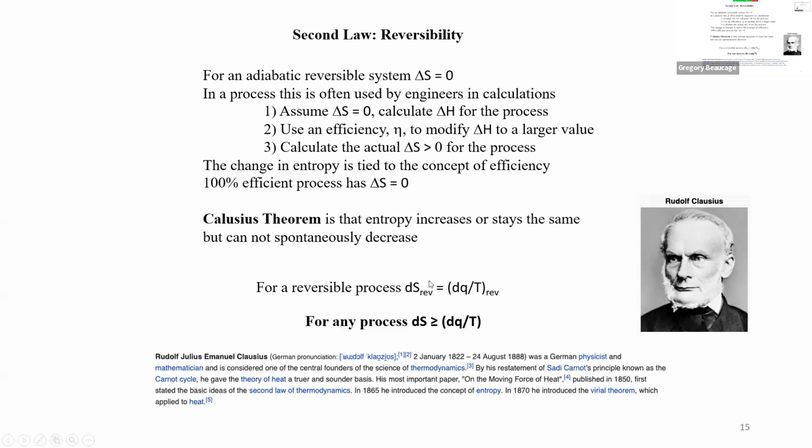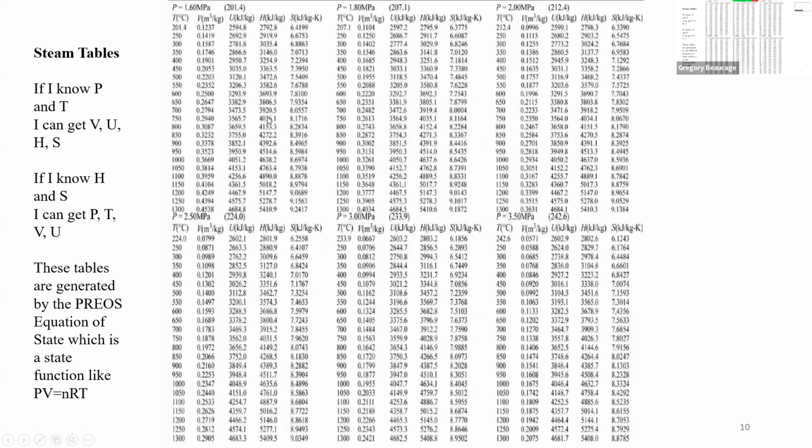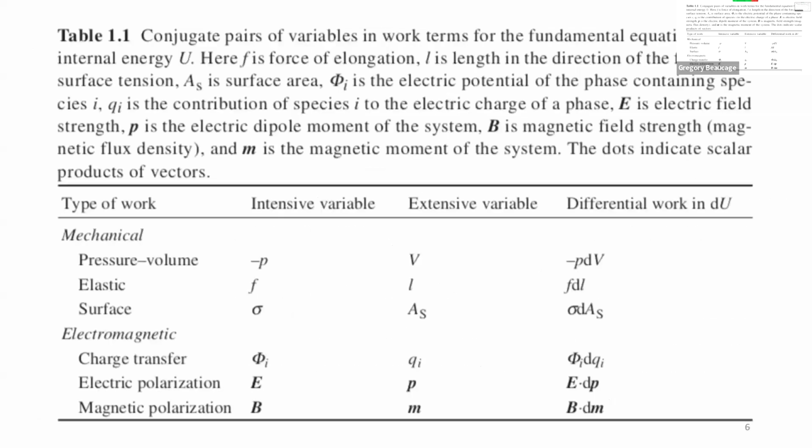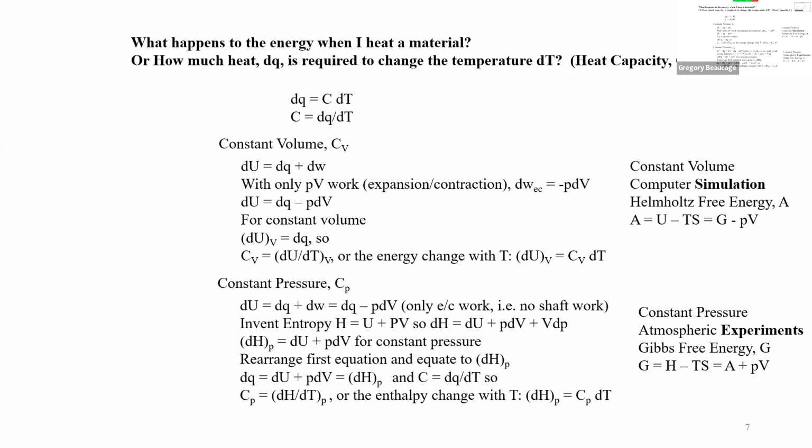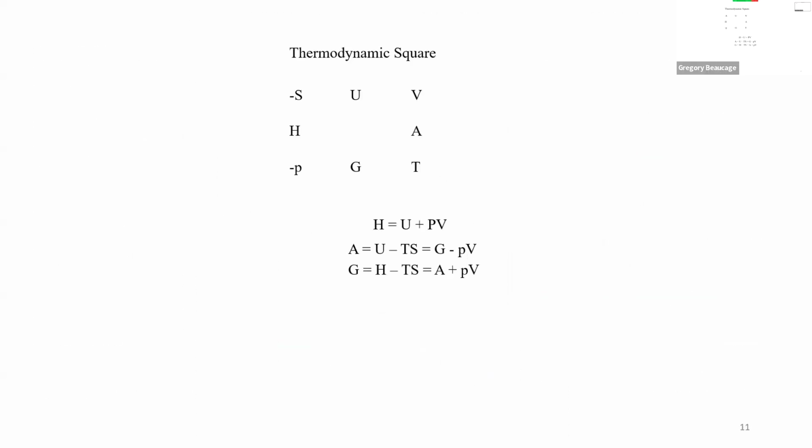So it becomes a common thing to swap out dQ for TdS. That's why Q doesn't show up in the square thing, because you just have TdS, like S and T swap out for Q, and P and V swap out for work.